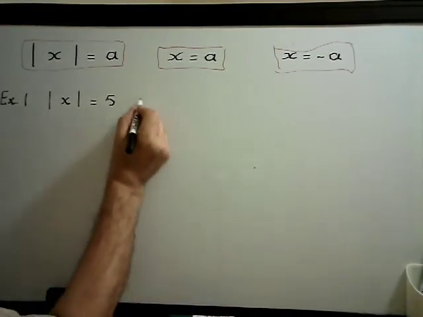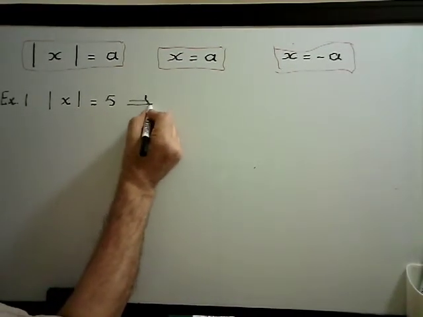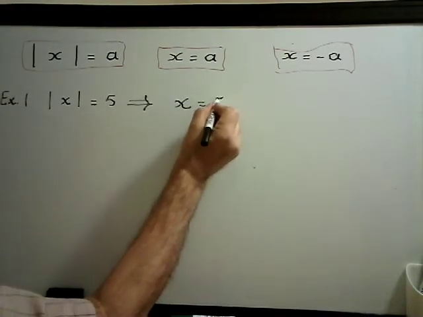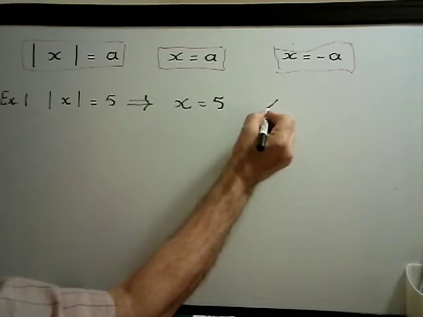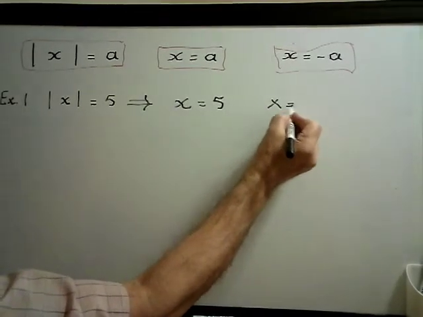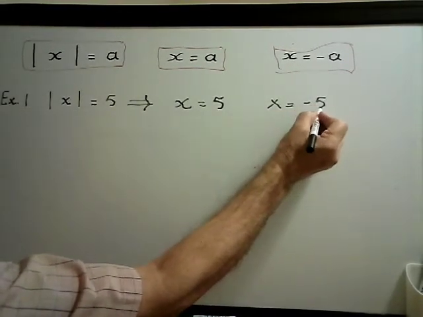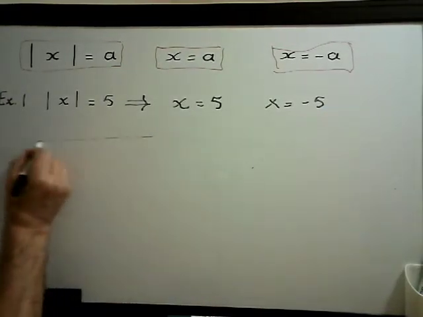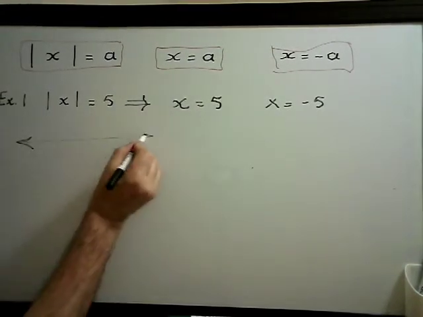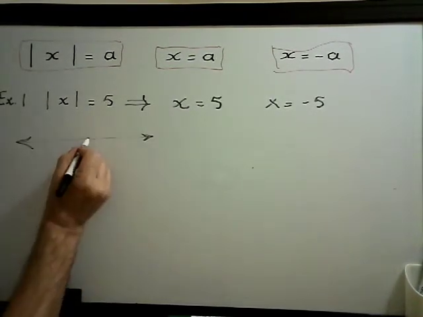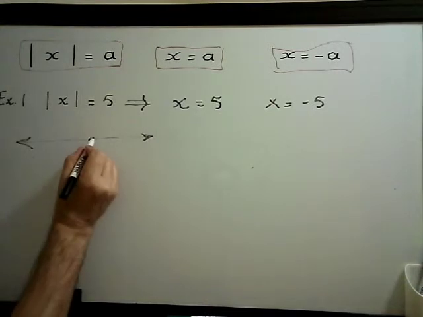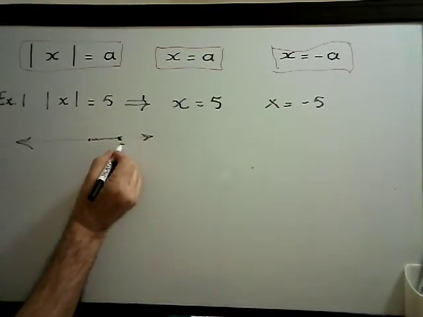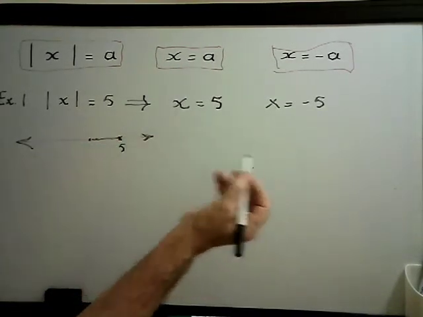We can write here x means 5 or x means -5, because on the real number line we can see number 5 here at the right side.